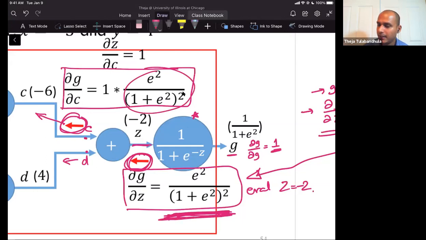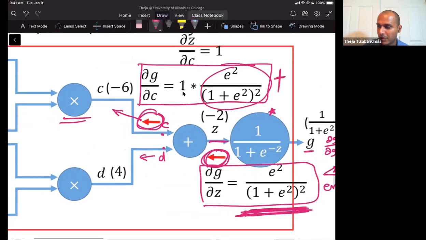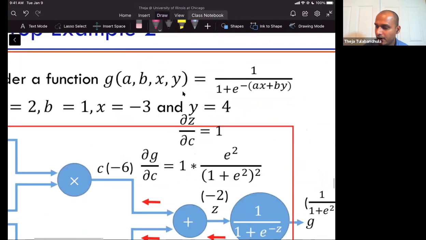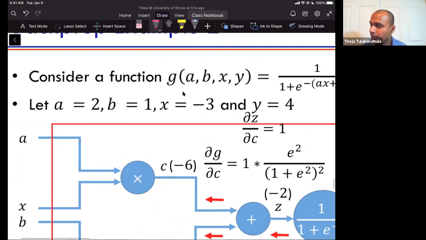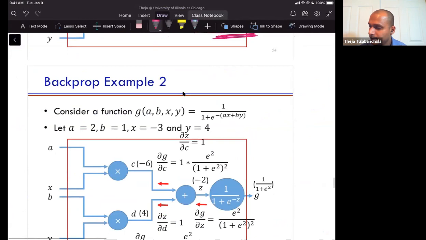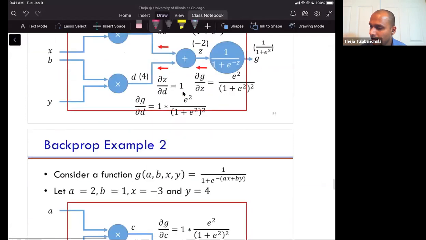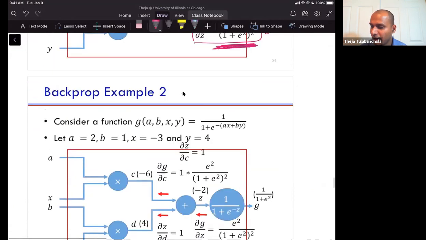Now let's go one step further and focus on this multiplier node, where I know what the incoming gradient is. The incoming gradient is given by this square box. What we're doing here is actually not going just in that direction.